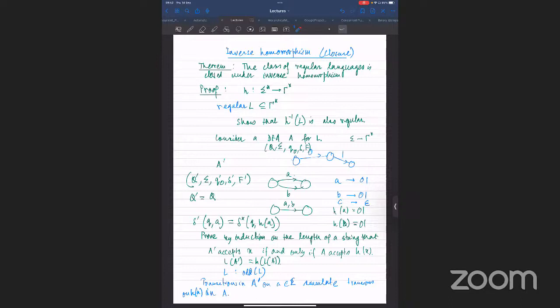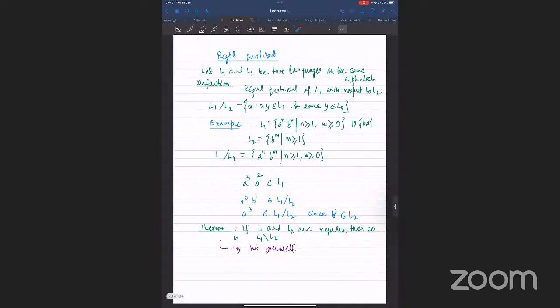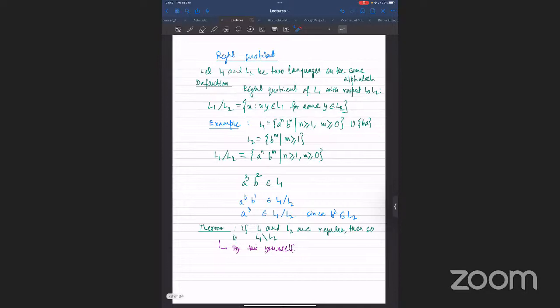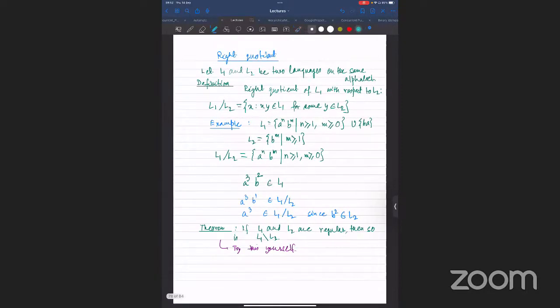Okay, so let's start with the closure properties under right quotient. What is the right quotient? Suppose L1 and L2 are two languages on the same alphabet. Then we denote the right quotient of L1 with respect to L2 in this way.